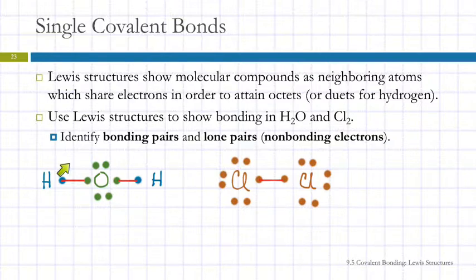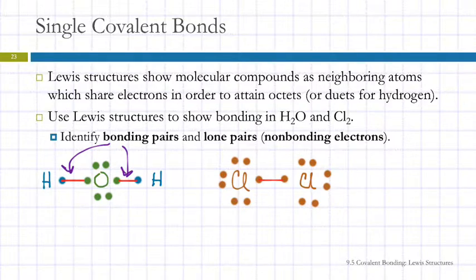So, identify bonding pairs and lone pairs, also known as non-bonding electrons. So when we look at water, this is a pair of electrons that's forming a bond. They're shared between the atoms. So this is a bonding pair right here, and this is a bonding pair.